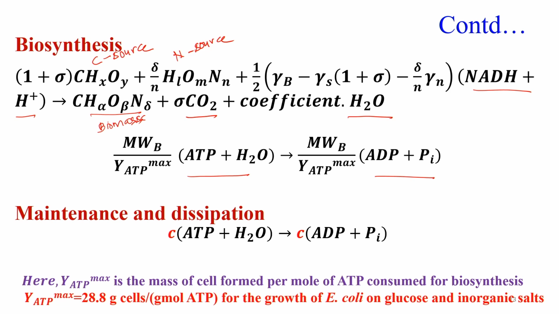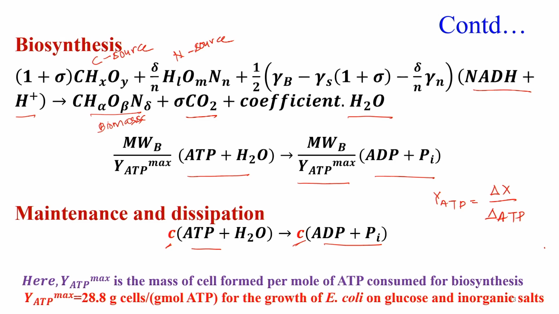Similarly, for maintenance, again it requires energy coming from ATP to ADP, and the coefficient we write here is a C. Now, one more thing: a yield of ATP can also be calculated. It says Y ATP. Y ATP is defined as the mass of cells formed per mole of ATP consumed, so delta X upon delta ATP.